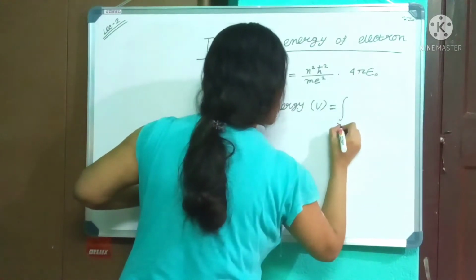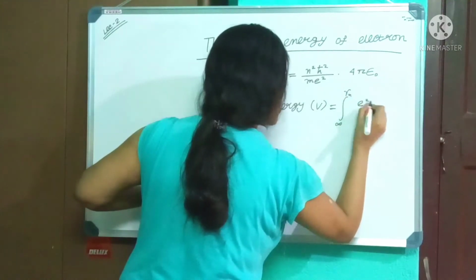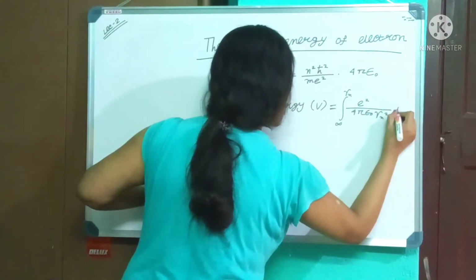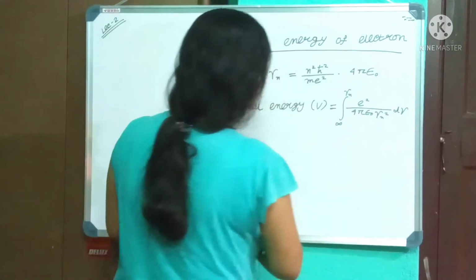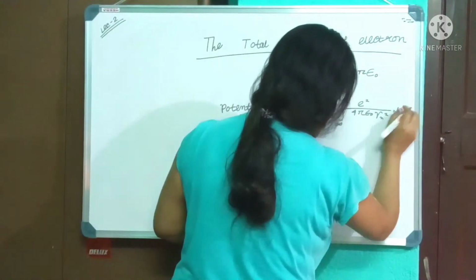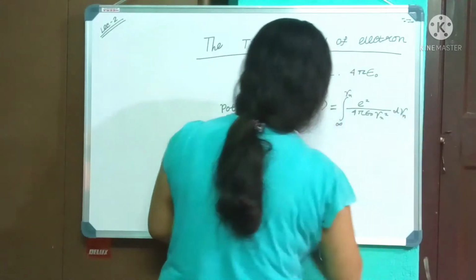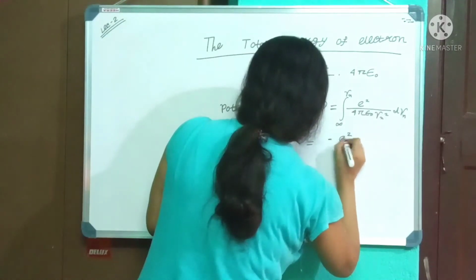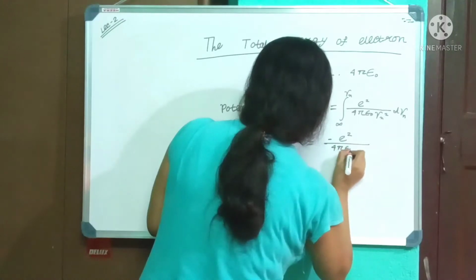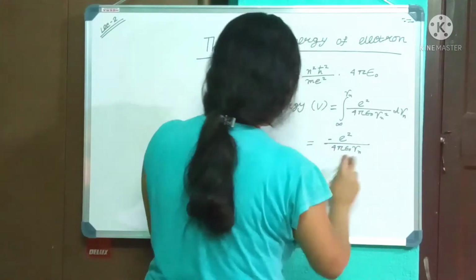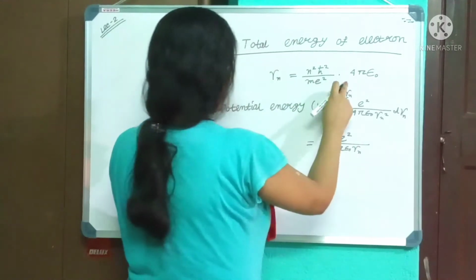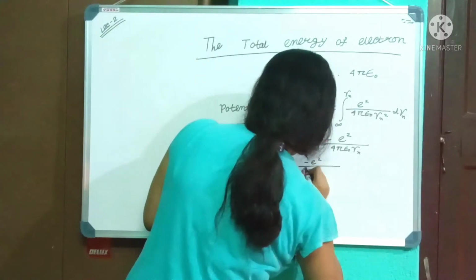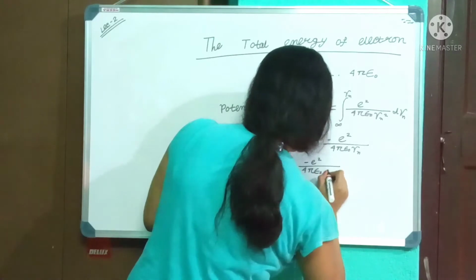Potential energy V equals the integration from infinity to Rn of e square by 4 pi epsilon naught Rn square dRn, which, if we integrate it, we'll get minus e square by 4 pi epsilon naught into Rn, which is equal to minus e square by 4 pi epsilon naught Rn.